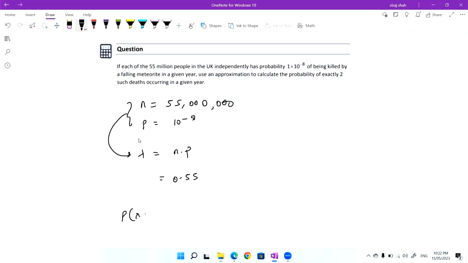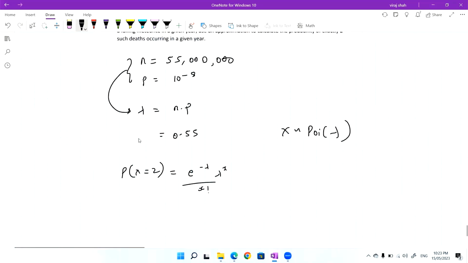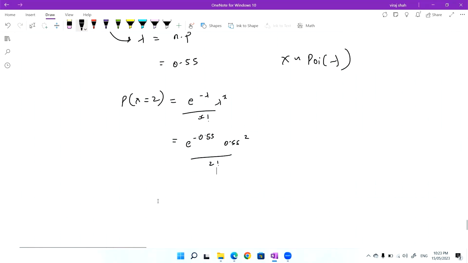So probability x is equal to 2. You know your lambda. You know x follows Poisson with parameter lambda. So it would be e raised to minus lambda, lambda raised to x upon x factorial, the PDF of your Poisson distribution. Lambda is 0.55, e raised to minus 0.55, 0.55 raised to 2 upon 2 factorial.